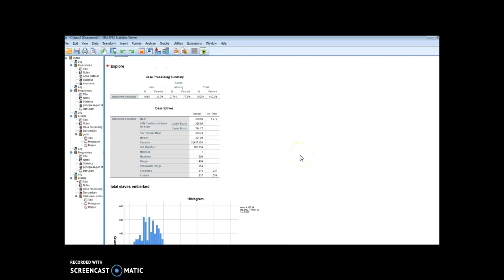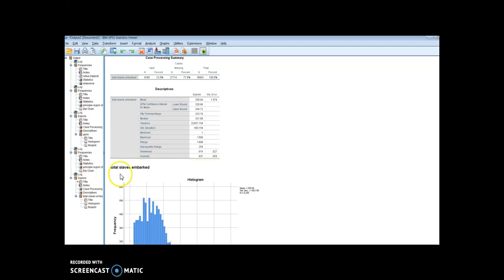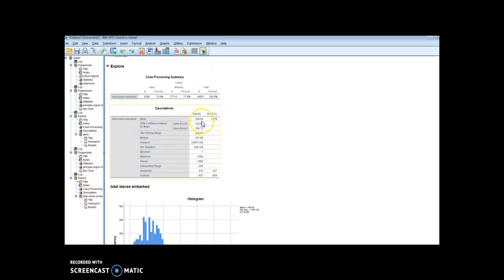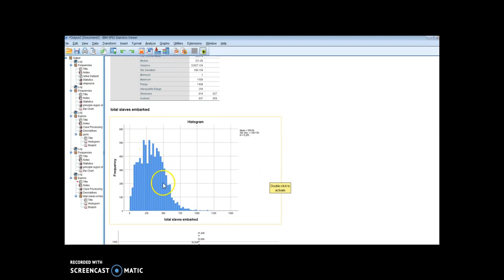And based on your output, you're going to write up some conclusions, such as the mean number of total slaves embarked is 330.84. And what's the median, what's the minimum, what's the maximum, and what's the range? These are some things you need to discuss. Also, when it comes to the histogram, from your feedback of last time on your SPSS assignment 3, we said you're going to describe the shape of the distribution here.